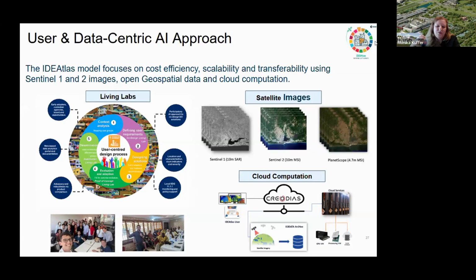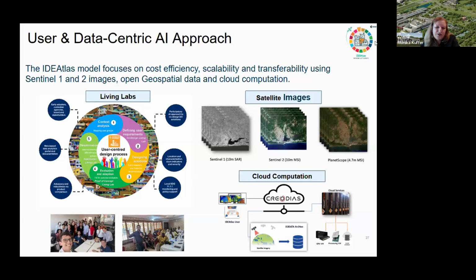So we are looking into really low-cost 10-meter resolution Sentinel images, comparing it also with PlanetScope images, which are available for research. But the main starting point was the living labs, bringing local stakeholders together and understanding information needs, but also what should not be mapped, and how to generate reference data that are locally meaningful, representing the diversity of urban spaces.